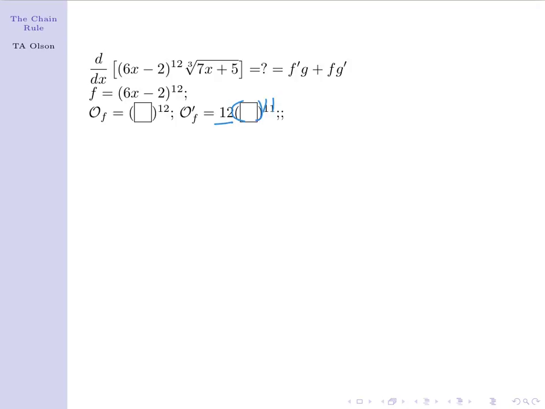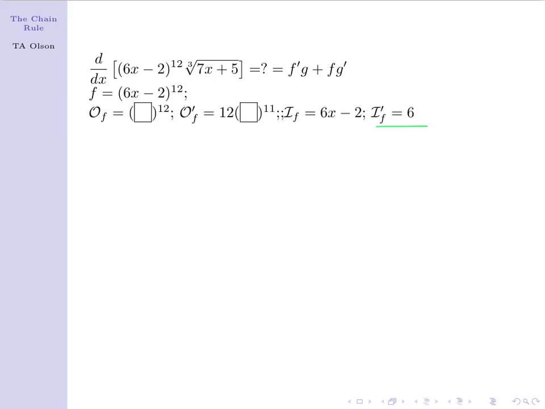We bring down the 12, we subtract 1 from the power to do our power rule. The inside for f is just this really simple linear bit, it's polynomial, 6x minus 2. So the derivative of the inside is also going to be nice and straightforward. It's just going to be 6. So I prime of f is 6.